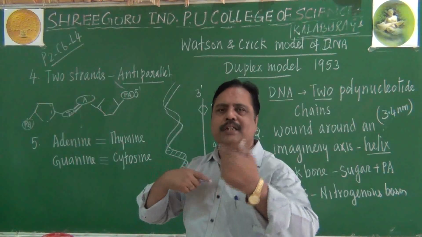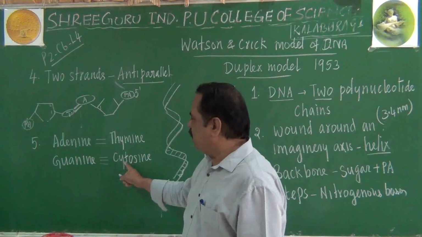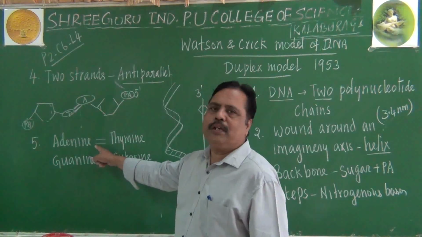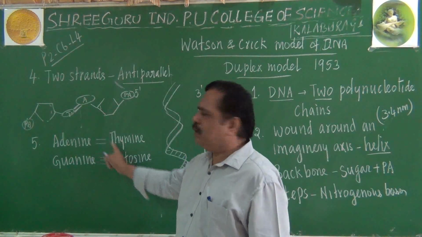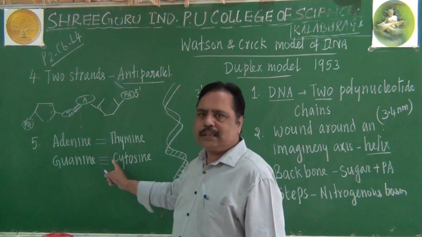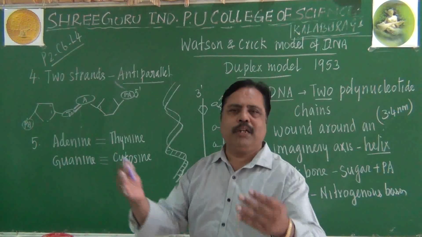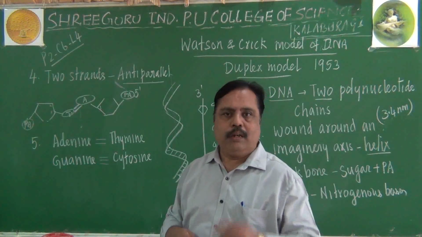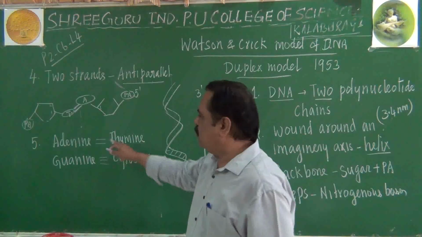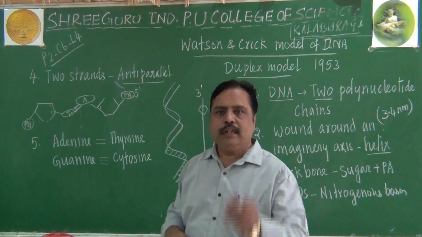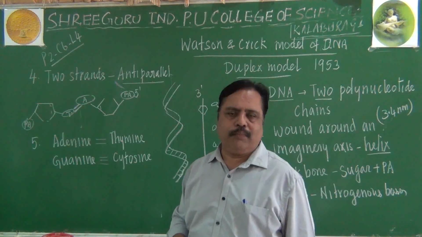These two bases cannot share their hydrogen bonds. Cytosine is able to share three hydrogen bonds, but adenine has only two hydrogen valency. So adenine and cytosine cannot join. Guanine and thymine cannot join. Chemically they are non-reactive. But between adenine and thymine, two hydrogen bonds are possible. Between guanine and cytosine, three hydrogen bonds are possible.